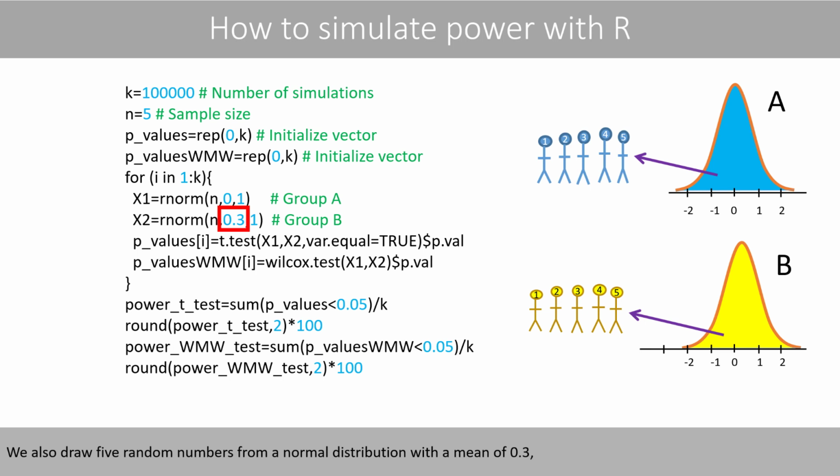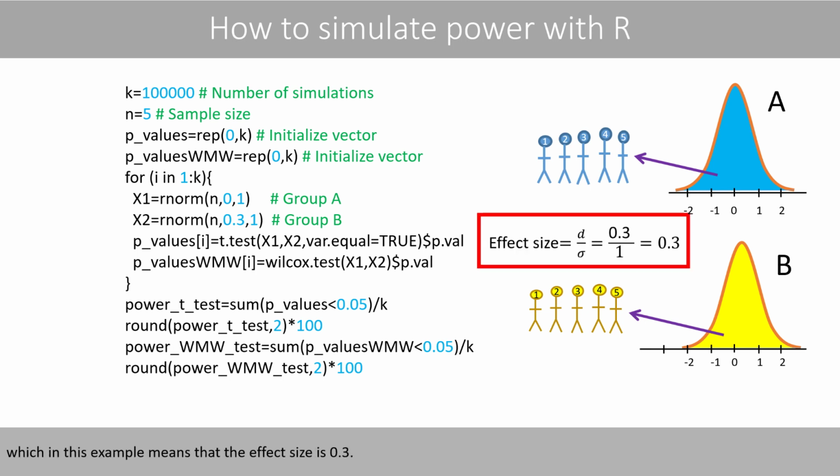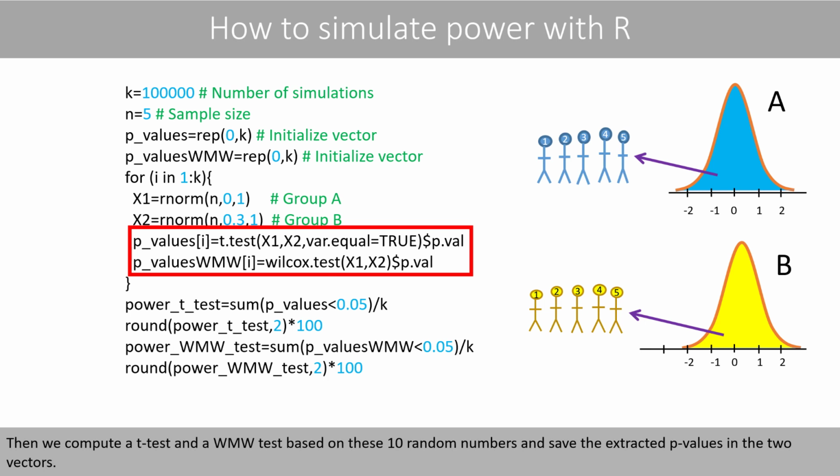We also draw 5 numbers from a normal distribution with a mean of 0.3, which in this example means that the effect size is 0.3. Then we compute a t-test and a Wilcoxon Mann Whitney test based on these 10 random numbers and save the extracted p-values in the two vectors.